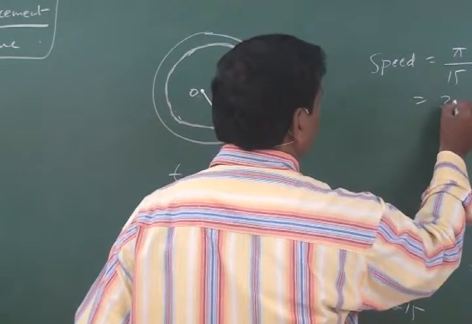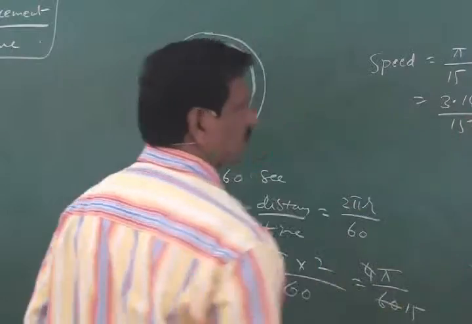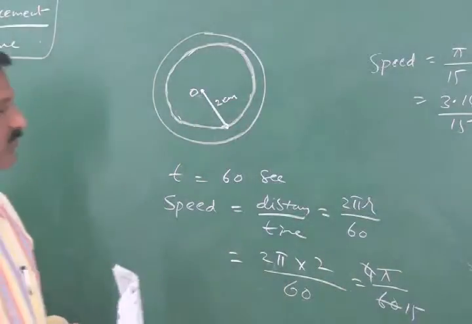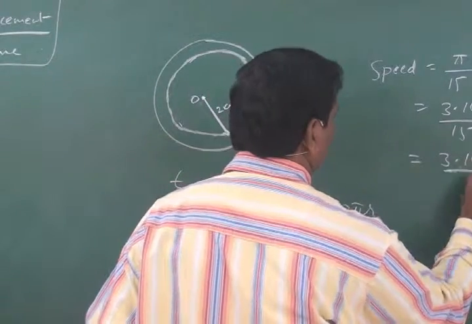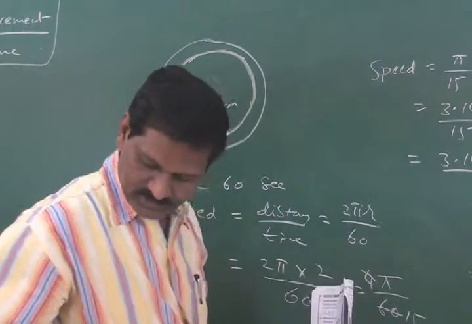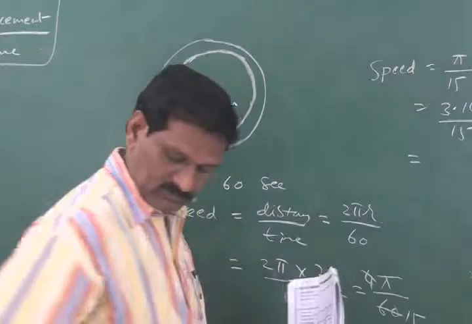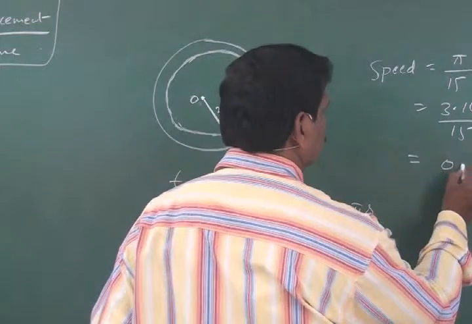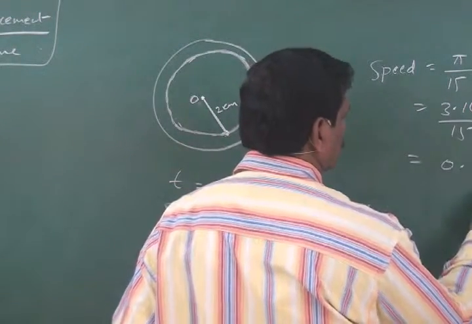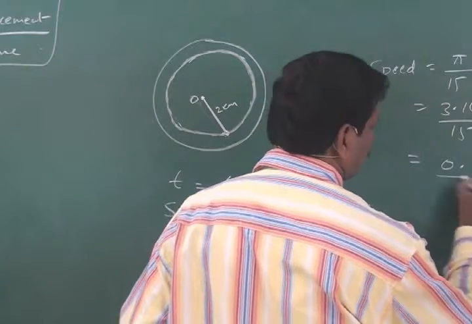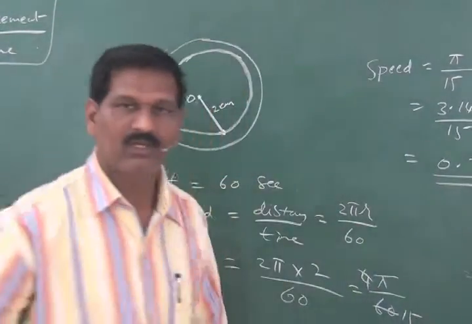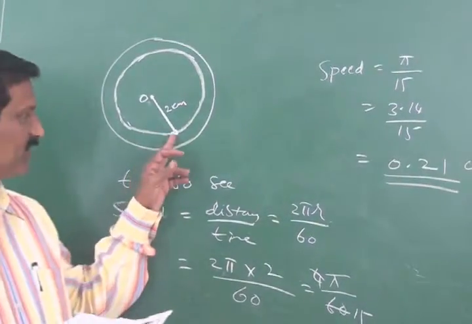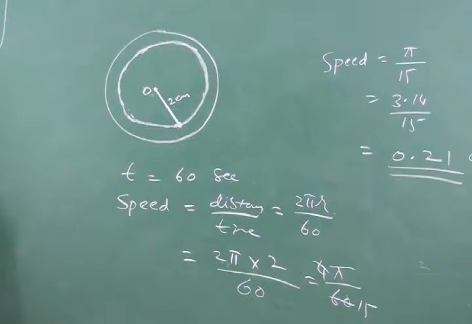Pi means 3.14, so 3.14 by 15 means approximately 0.21 centimeter per second. This is the speed of the tip of the seconds hand.